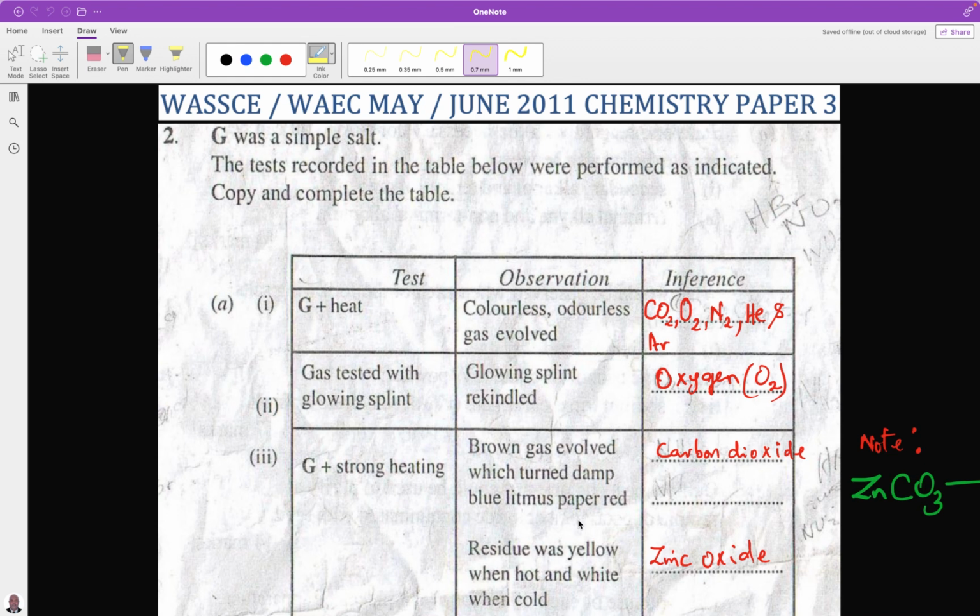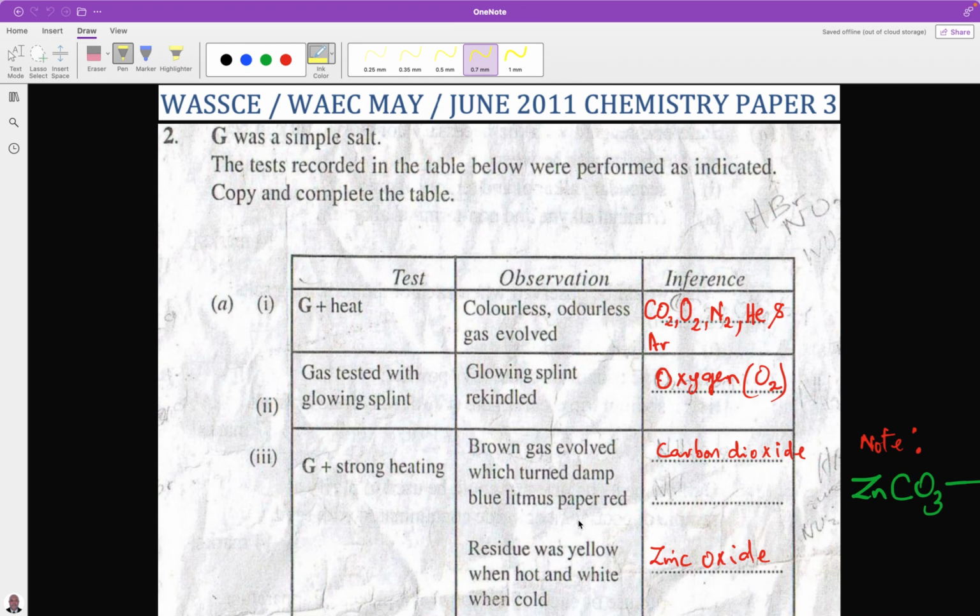On heating a simple salt, our observation is a colorless, odorless gas evolved.